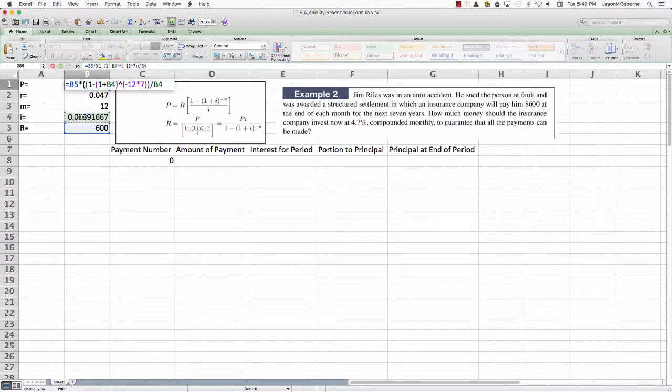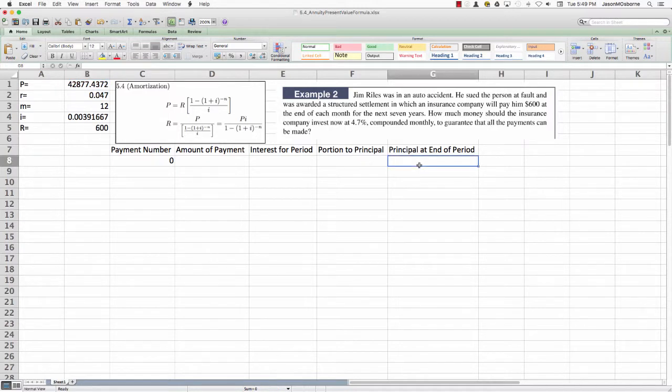Let's see if I have my parentheses matching up. It looks like I do, so I would say check on that formula. So this is the amount that the bank would need to have on hand now, $42,877.44 perhaps, if we're rounding.